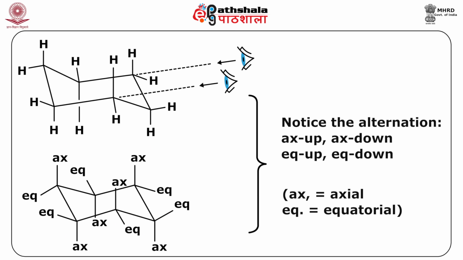You can see that the axial bonds lie absolutely vertically, one up, the alternating one down, and so on. The ones showing a slightly up or slightly down position are the equatorial bonds, and those too alternate, one up, the next down, and so on.